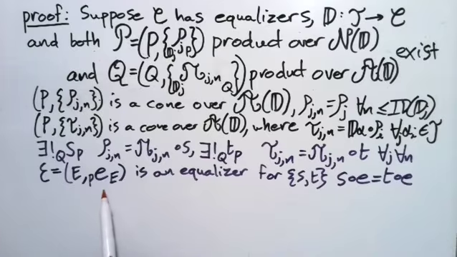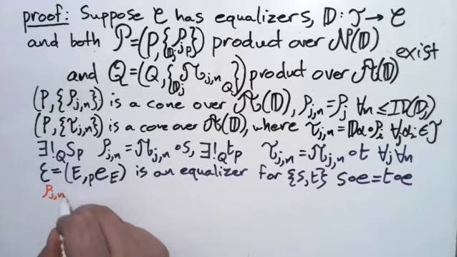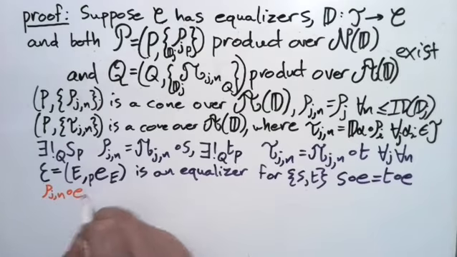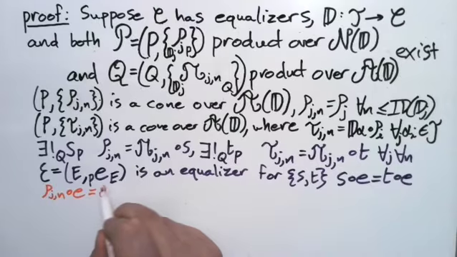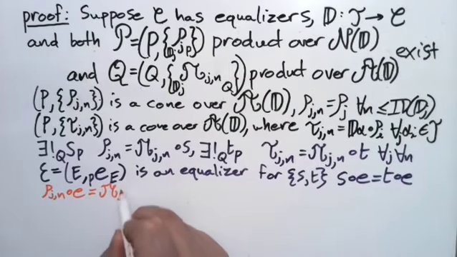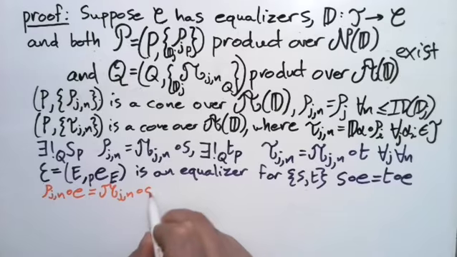Well then, e lands in P, so we can add e on the right-hand side on both sides of this equation. So we can say that rho j_n after e is equal to pi j_n after S after e.